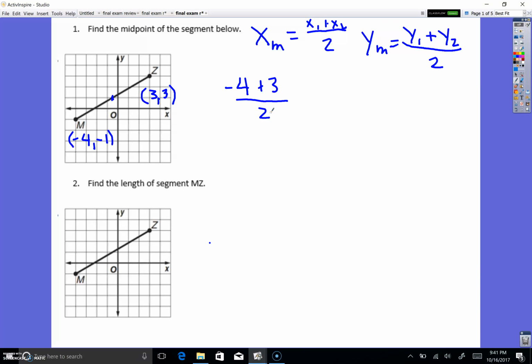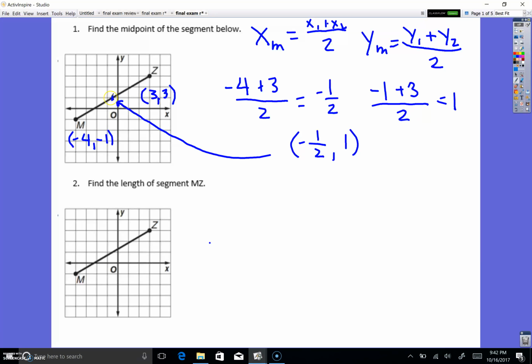So that would equal, if you put it all in your calculator, -1/2. Ym is -1 plus 3 divided by 2. You put all of that in your calculator and you get 1. So it's going to be -1/2 and 1. Now if you look at that, that is that point right there. See, -1/2 and 1.